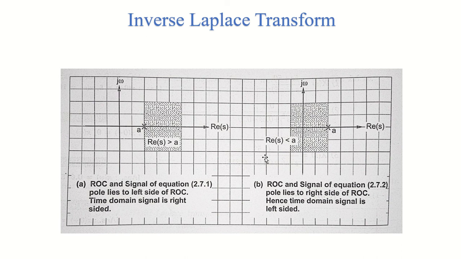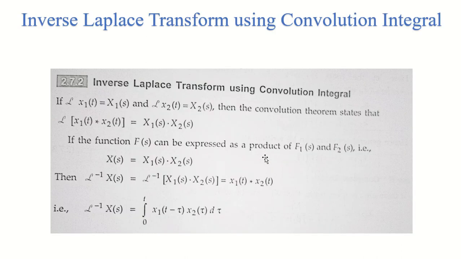Now you can also find the inverse Laplace transform with the help of convolution, and we already know convolution is one of the famous and favorite topics. Think about it, you have two signals, x1 of t and x2 of t, and respectively their Laplace transforms are x1 of s and x2 of s.